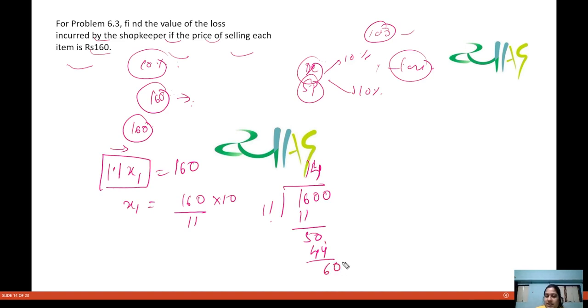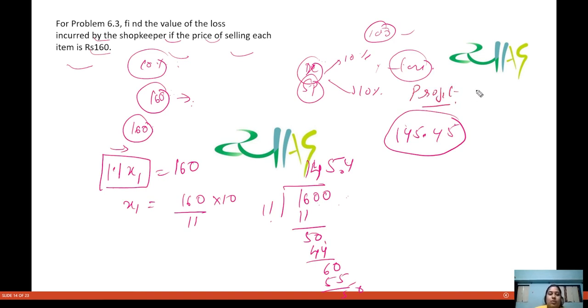Okay, so this will become 60, and this is 55. So this will become 0.50, and this is 4. Okay, so this is 145 point, this will come as a recurring thing. 4545, I think you will get this recurring. Okay, so this is when we were having profit.